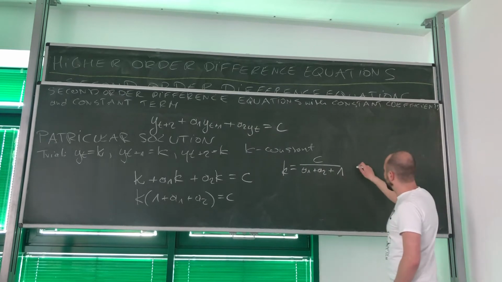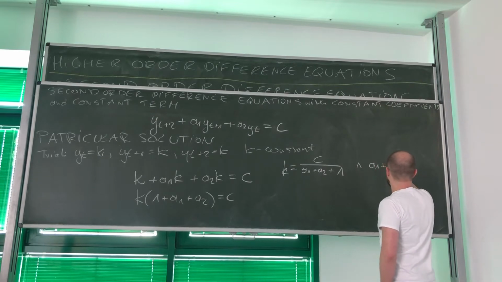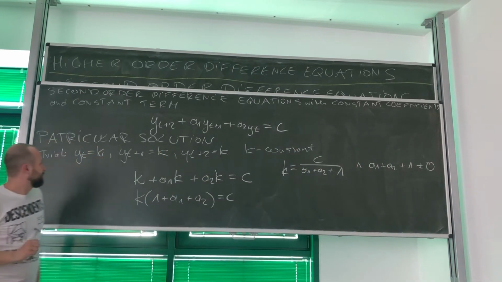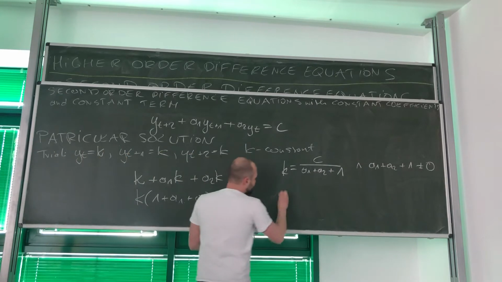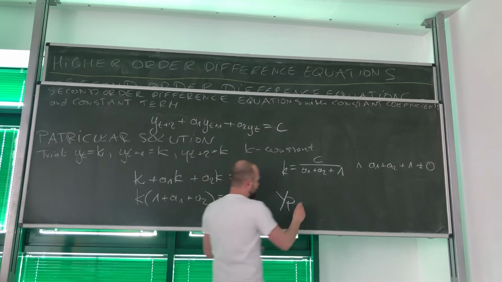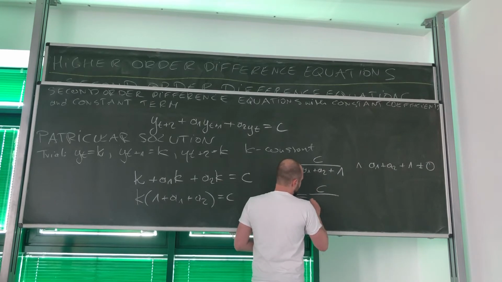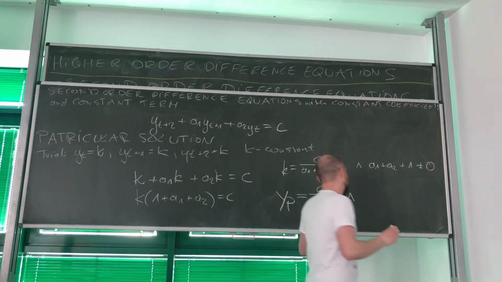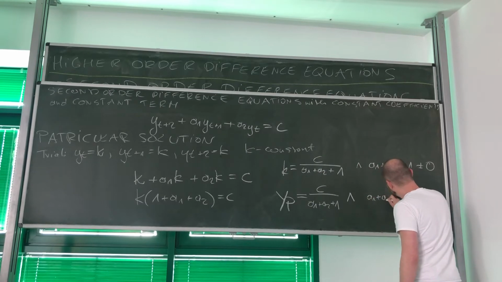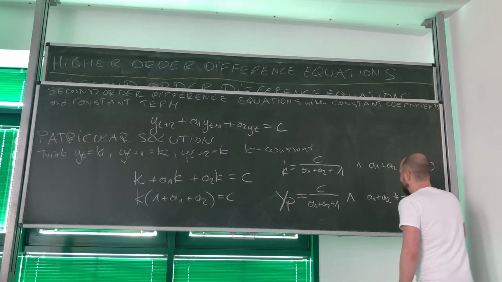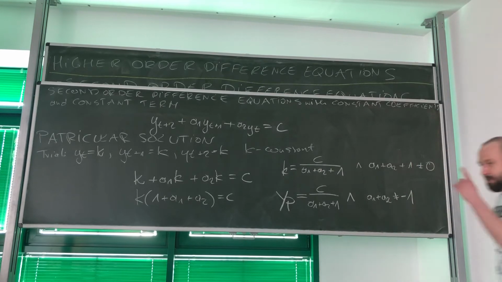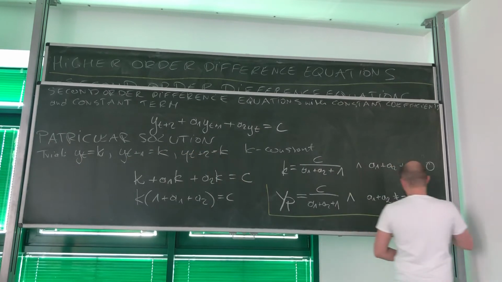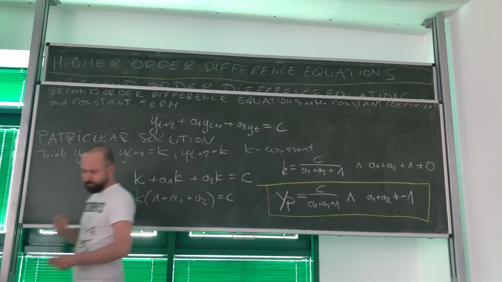At this moment, I should notice right away that a1 plus a2 plus 1 must be different than 0. However, we now have our particular solution. The particular solution, the equilibrium solution, is given by c over a1 plus a2 plus 1, and we need to remember that a1 plus a2 must be different than negative 1. So we've got our first solution, the one that we're going to be using the most.